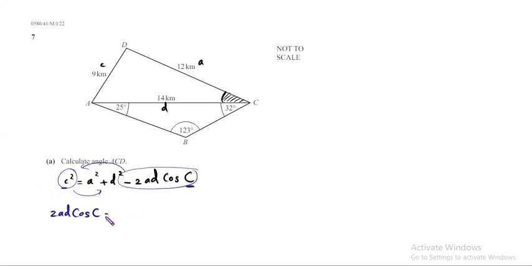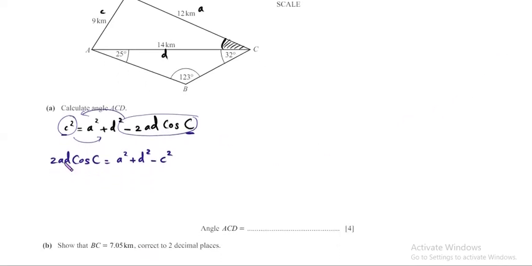This is equal to a squared plus d squared, and this c squared I take to the other side, minus c squared. So first I'm going to make cos C the subject by taking this 2ad to the other side, so it gets divided. So I have a squared plus d squared minus c squared over 2ad, and this is equal to cos C.